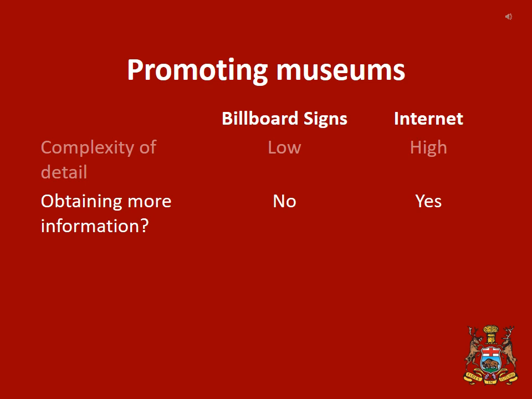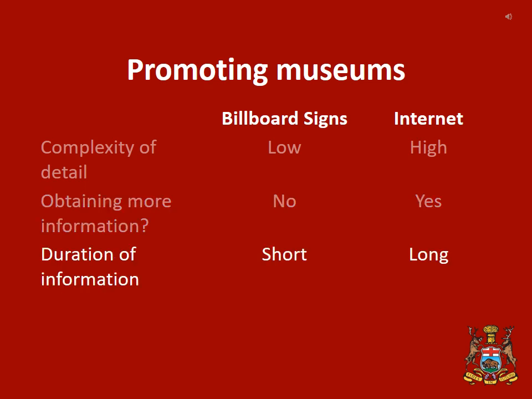You could say, contact the Manitoba Historical Society for more information, and then we could provide it to them. But that's something that is perfectly adapted to delivery on the internet. If somebody's interested in something related to a particular place, you could say, click here for more information. So, as compared to billboard signs, the internet was looking pretty good.